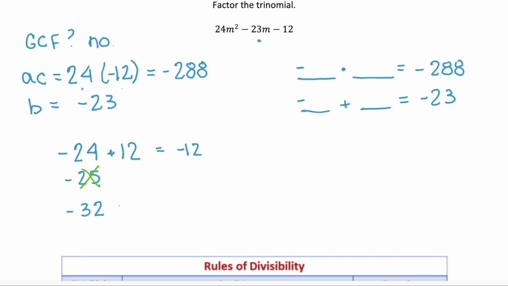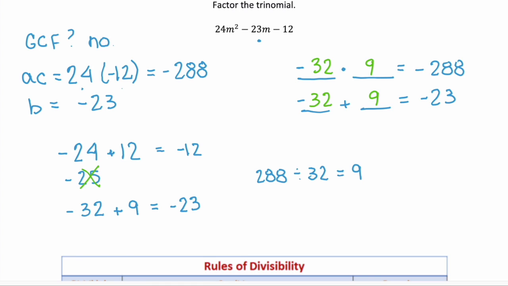And if I plug into the calculator 288 divided by 32, that gives me the number 9. And negative 32 plus 9 equals our negative 23. So that means our values are 32 and 9, or more precisely, negative 32 and 9.